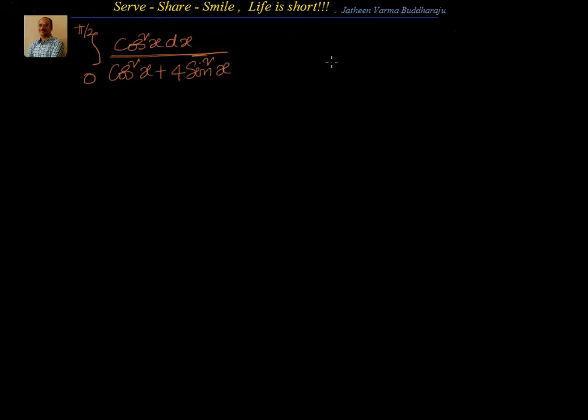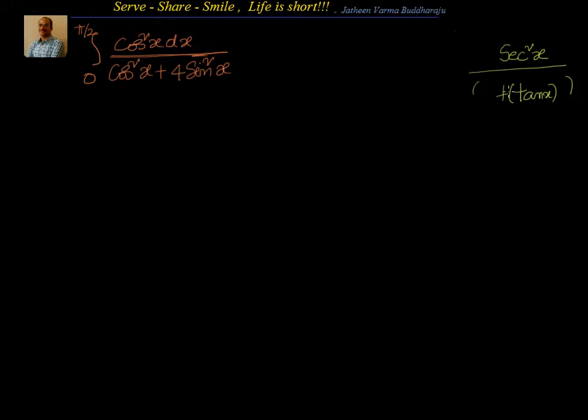Now, the approach to solve this problem is, we see in the numerator cos square x and in the denominator we have cos square x and sin square x. So, can we convert the numerator into secant square x so that the denominator will become a function of tan x?